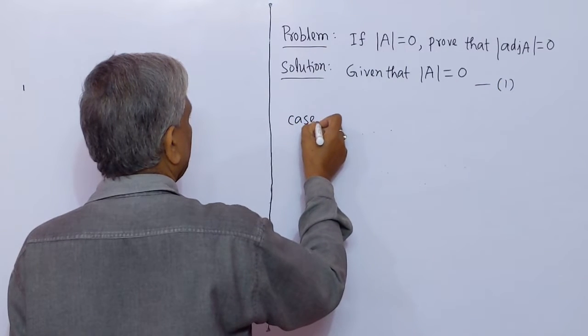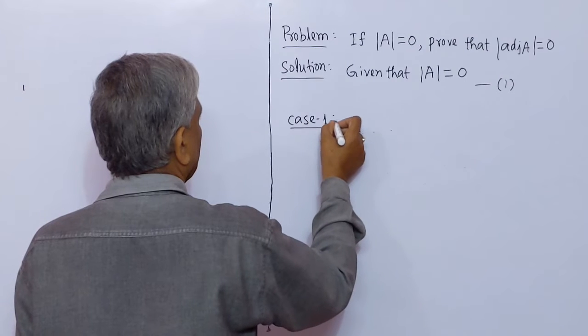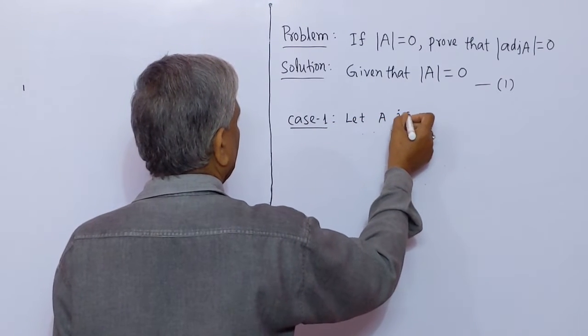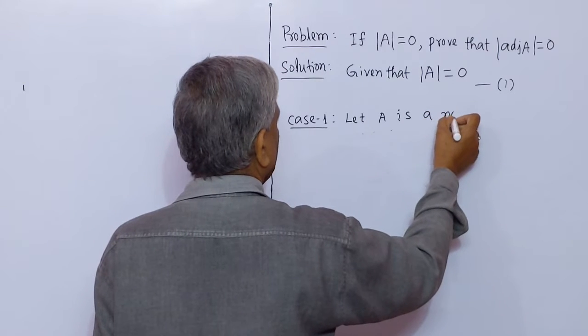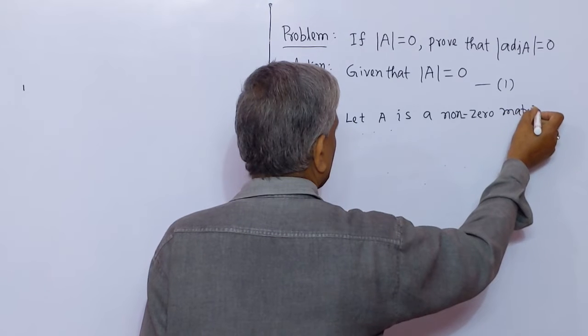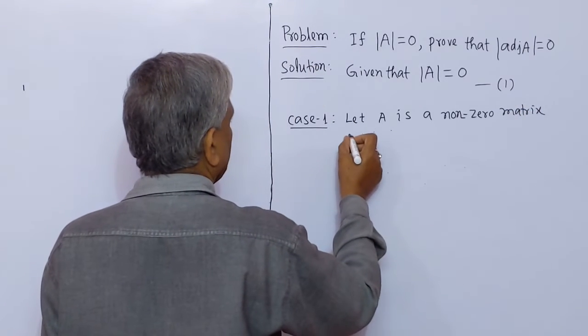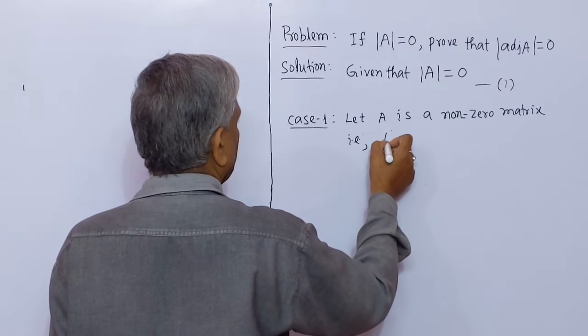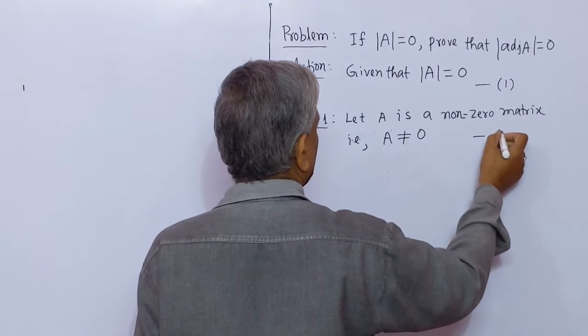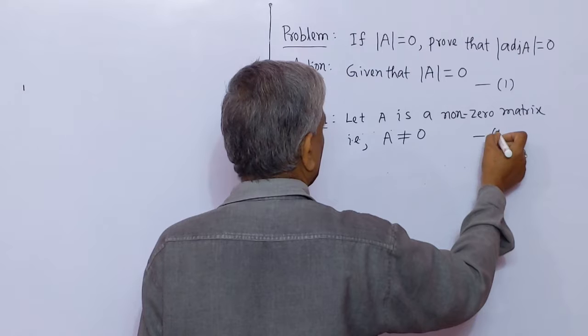Case 1. Let A be a non-zero matrix, that is A not equal to 0. This is number 2.